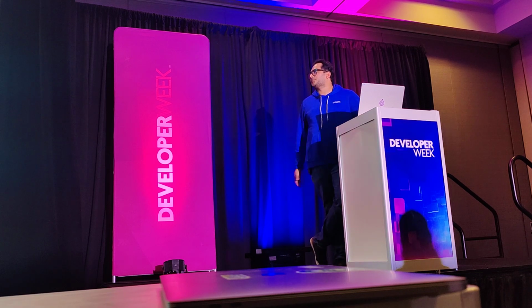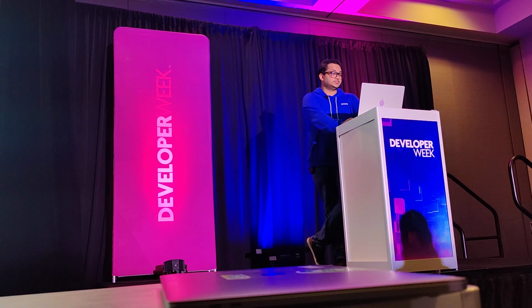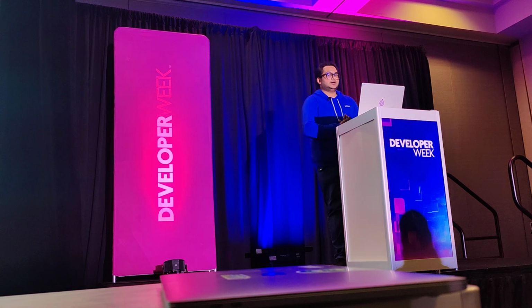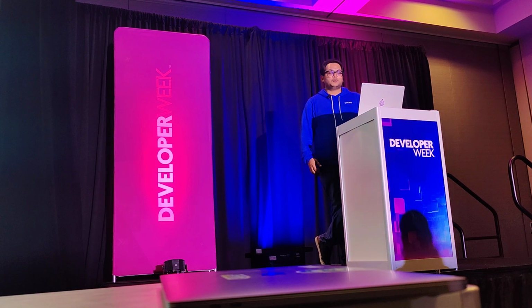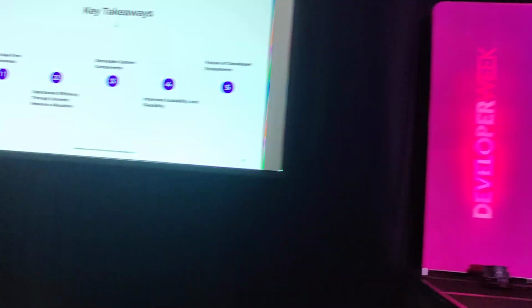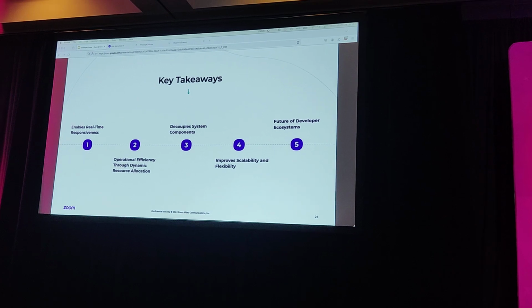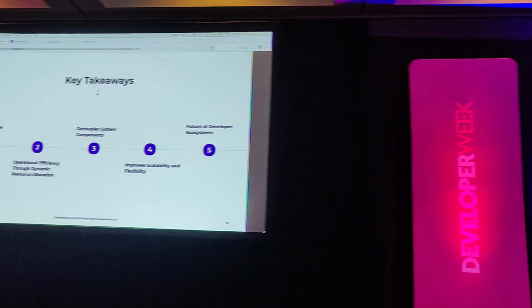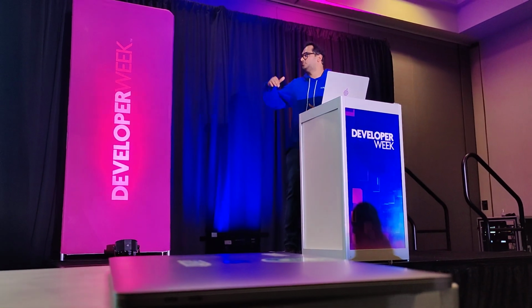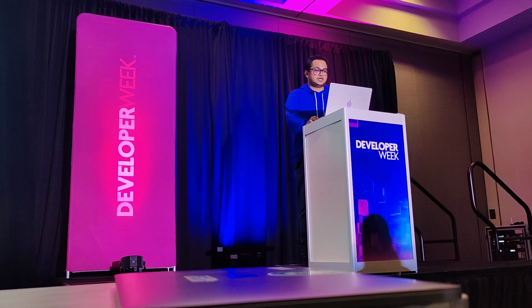Last slide. What are the key takeaways from the session? So we've learned so far that event-driven architecture is not just an architectural choice, but you can say it's a backbone of the next generation event developer ecosystem. It empowers systems with real-time responsiveness, crucial for applications demanding immediate data processing and interaction, ranging from financial services to communication platforms.